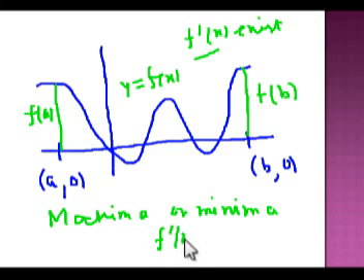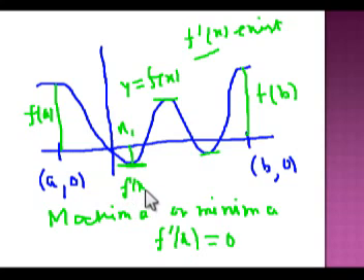So in an interval there must be a minima or maxima. You can see there is a minima and there is a maxima, and there is also another minima. For these different values, like here I am taking x1, the first derivative at x1 must be equal to 0. So this is Rolle's theorem.